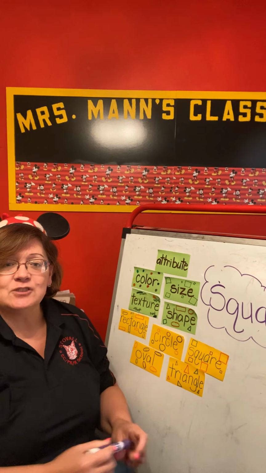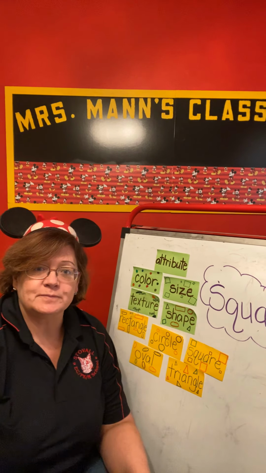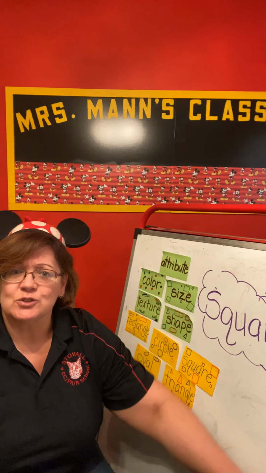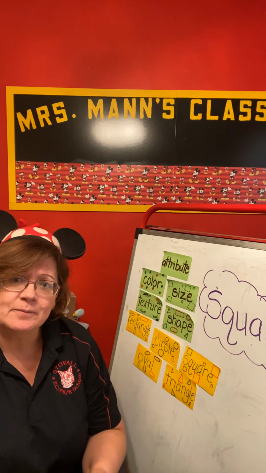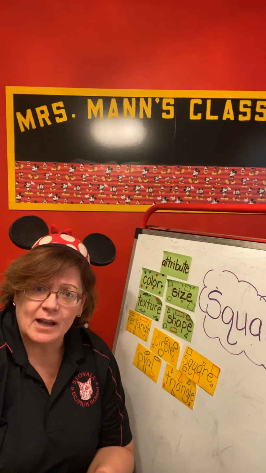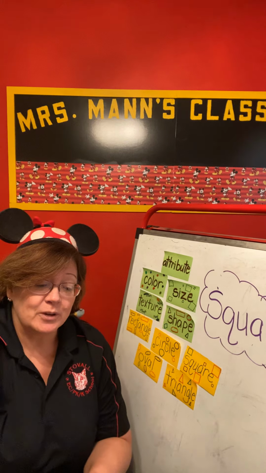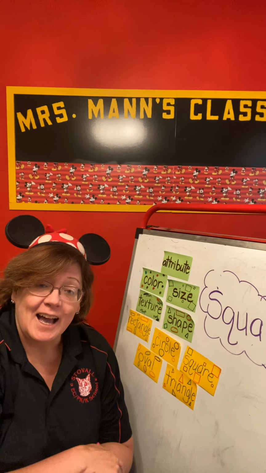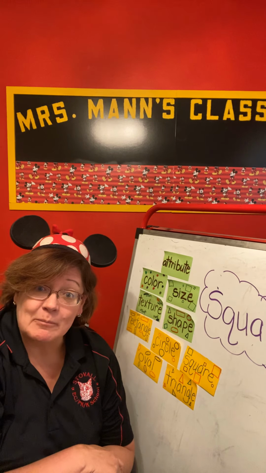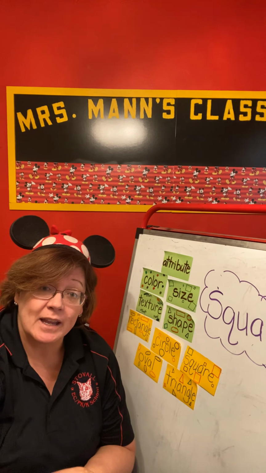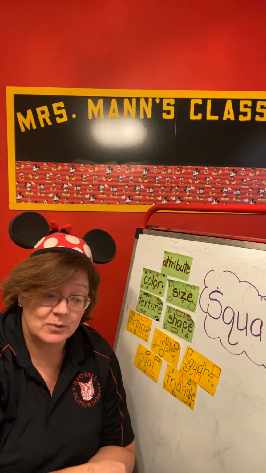So an attribute, remember, is something that we use to describe and talk about objects or people, okay? So we're going to be looking at some of the objects that I got from around my house, and we're going to decide if they are a square or not a square, okay?